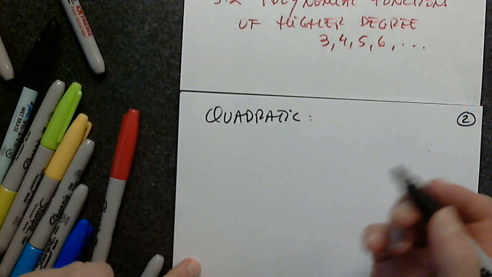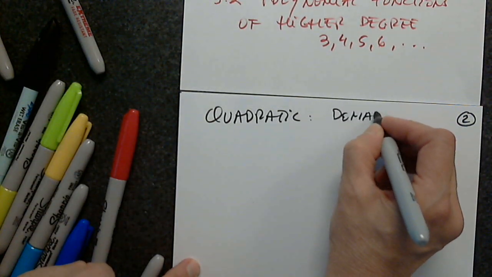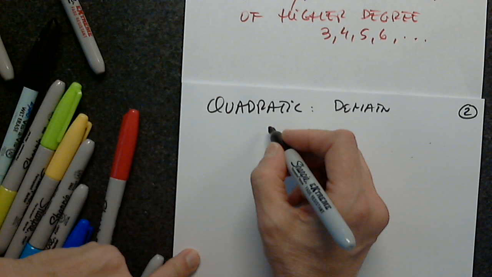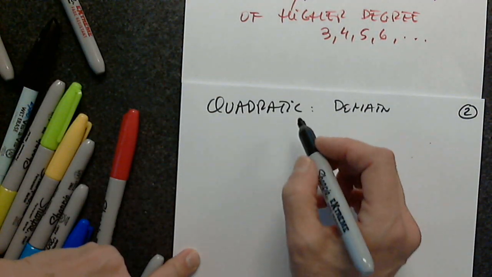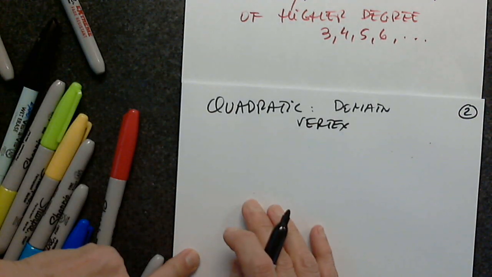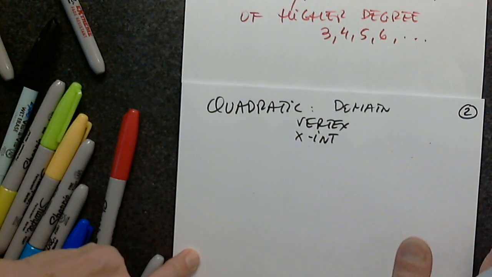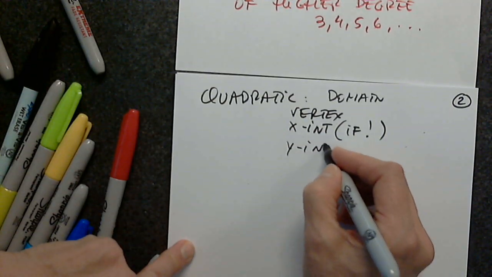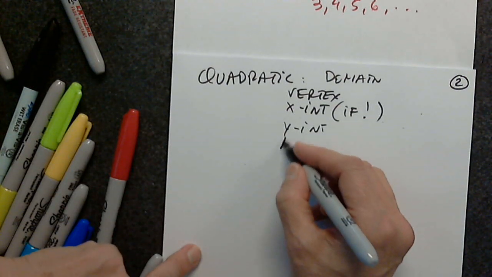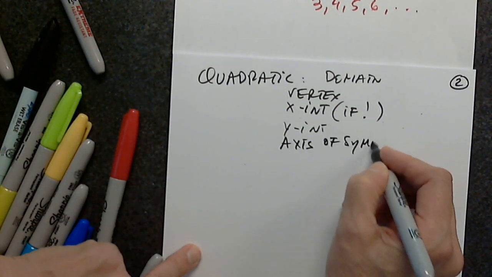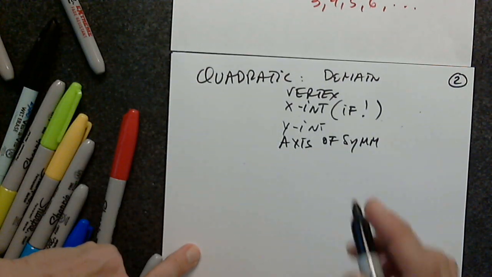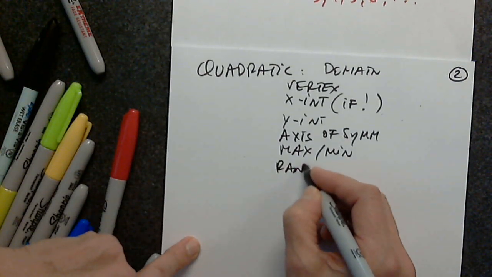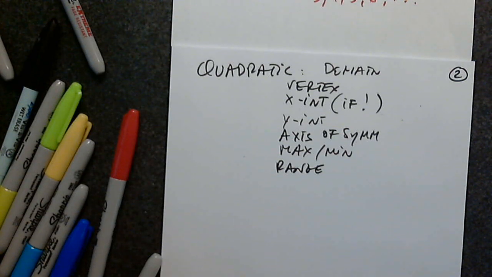Obviously, I should have mentioned domain, but it's clear. All polynomial functions have domain of real numbers. Then we looked at, just for a quick refresher, the vertex. Then we looked at x-intercepts, if they exist. Y-intercept. We looked at the axis of symmetry. We looked at max-min. And the last one was range.